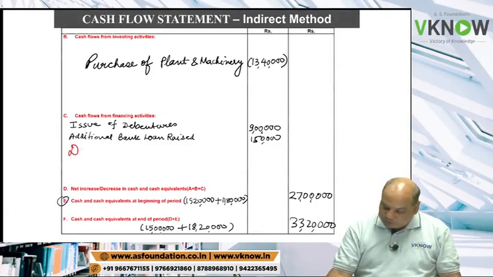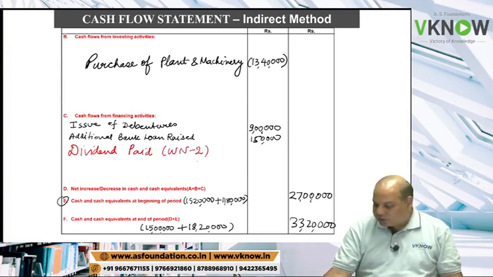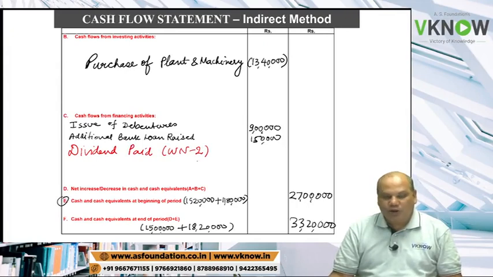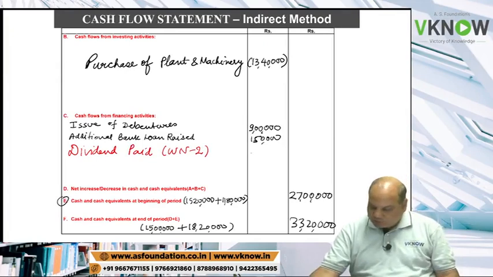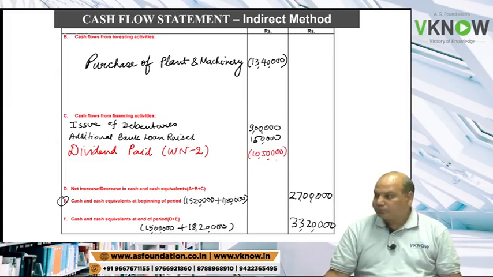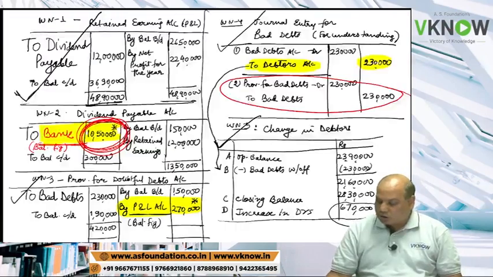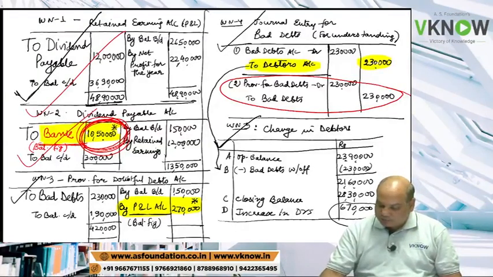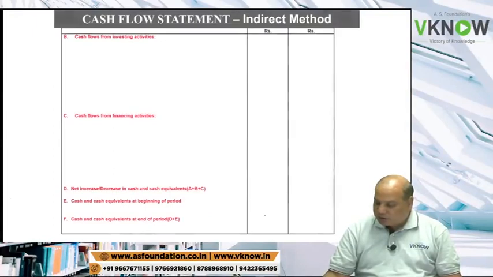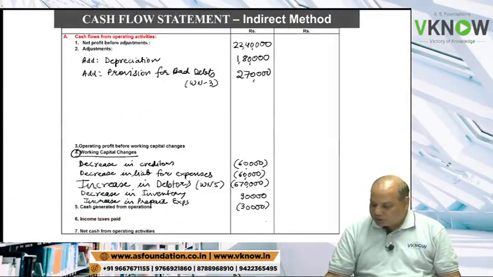Dividend paid will come under financing activity, working note 2, the amount is 10,50,000. Financing activity is right, Thanga Lakshmi is right. Now we have done all adjustments and all our working notes are tallying, so we can close our answer now.